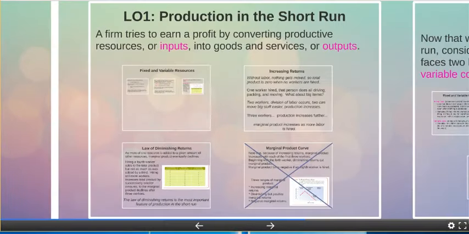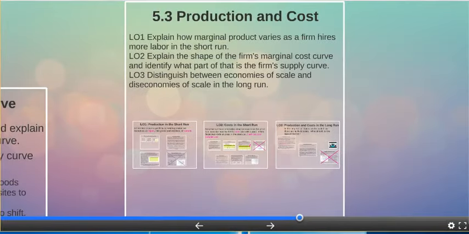So first of all, let's start here. Suppose you manage a firm such as a fast food restaurant. How much should you supply in order to maximize profit? The answer requires a brief introduction into how a firm converts productive resources into outputs.